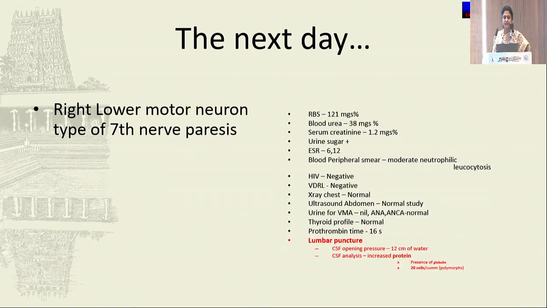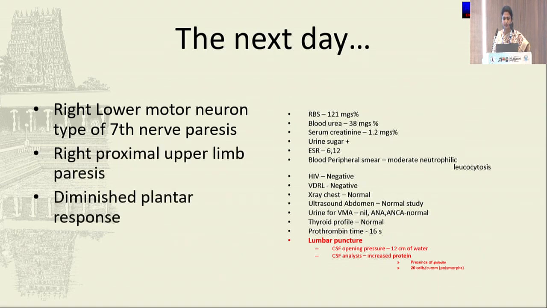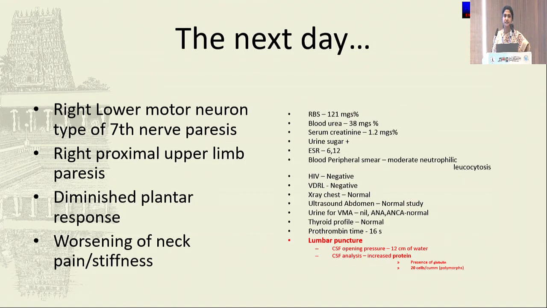The next day, the patient had right lower motor neuron type of 7th nerve paresis, right proximal upper limb paresis, diminished plantar response, and worsening of the neck stiffness and pain. The rest of her profile was normal, except that her CSF opening pressure on lumbar puncture was 12 centimeters of water, and CSF analysis showed an increased protein.